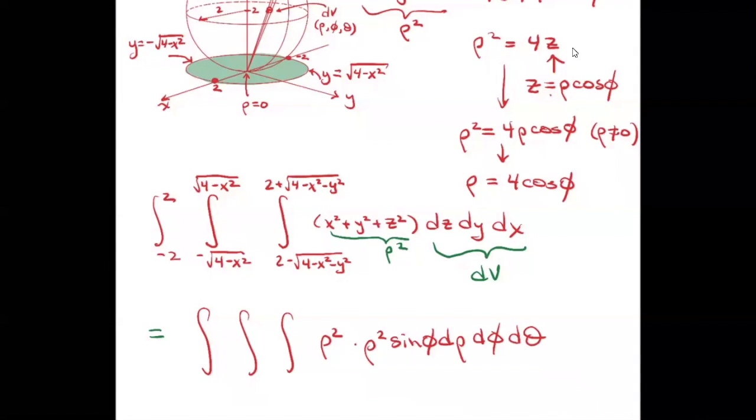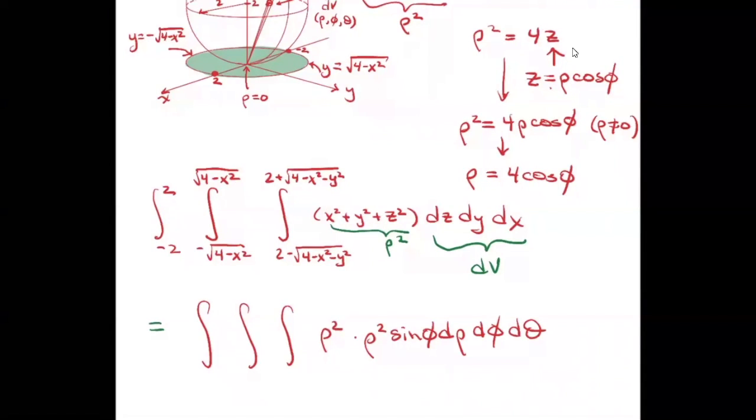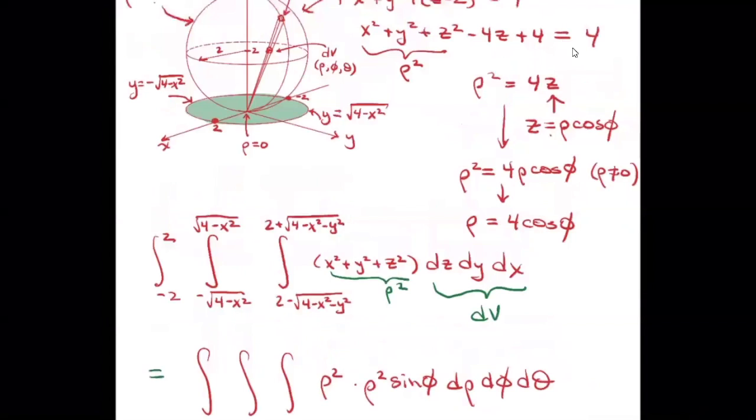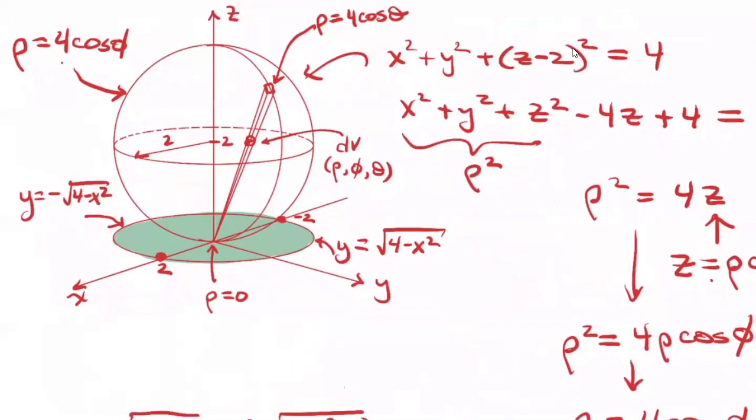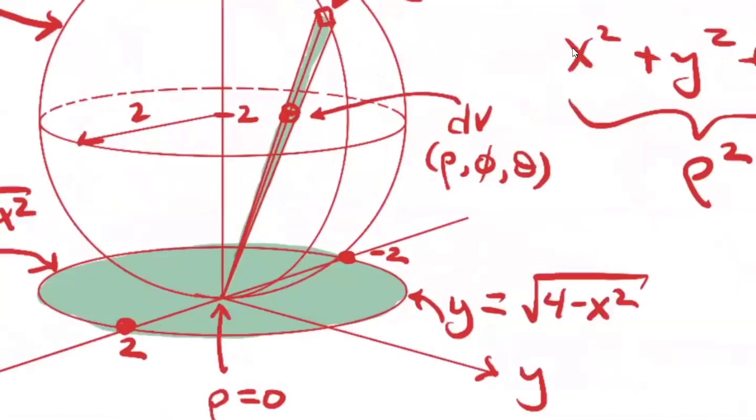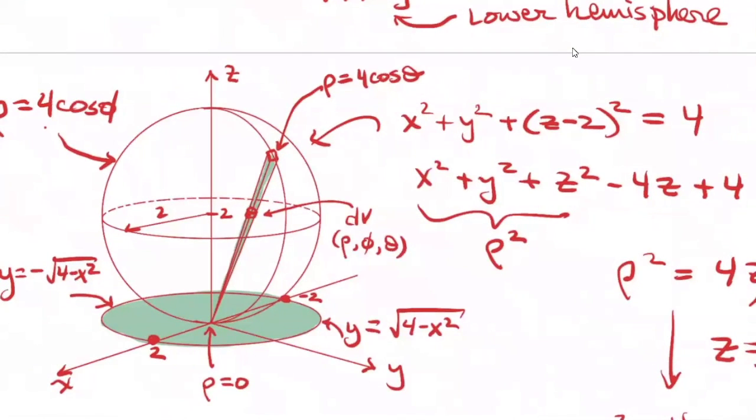Then we have to put limits in for rho first. It's easy enough to see on this little rod that I drew, and I'll shade it carefully here in green. My differential volume needs to go from where rho is 0 to where rho is 4 cos phi.